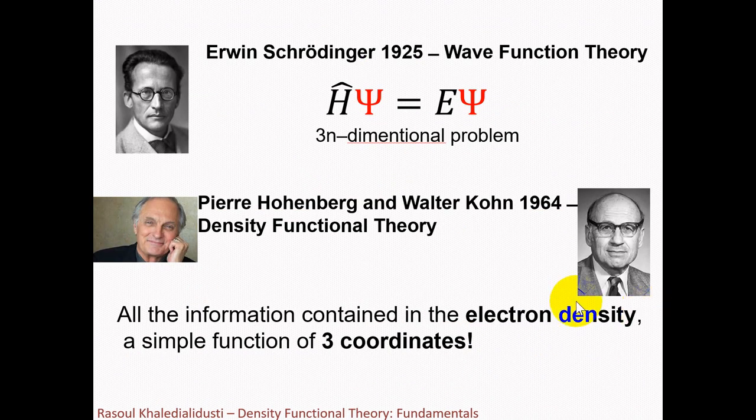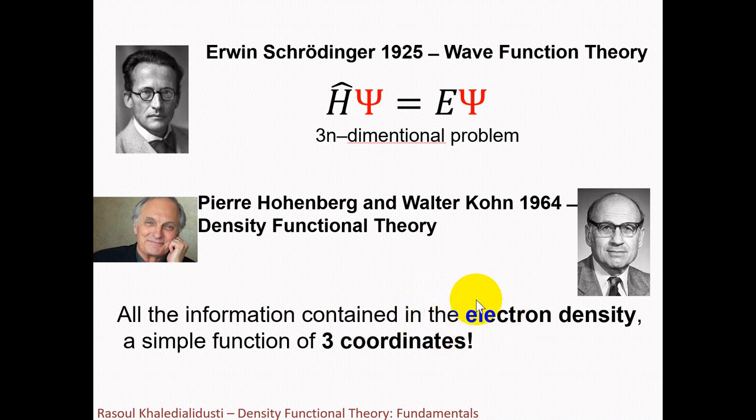As we already explained, the Schrödinger equation could not possibly be solved numerically because of dimensionality. But in 1964, Hohenberg and Kohn proposed density functional theory, which we will talk about in more detail a bit later. And they proposed that all the information in a system is contained in the electron density.